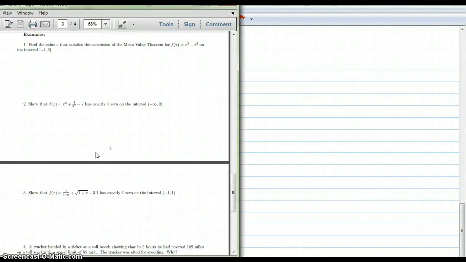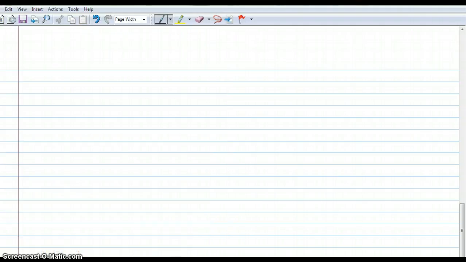Now the next type of problem you see are these that say, show that this function has exactly 1 zero. And here we're going to be using Rolle's theorem. So we have x cubed plus 4 over x squared plus 7, and we want to show it has exactly 1 zero between -infinity and 0.